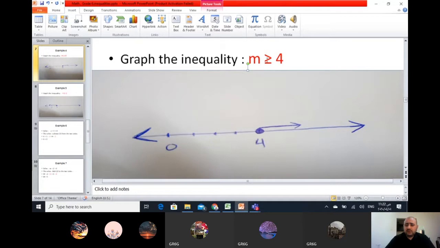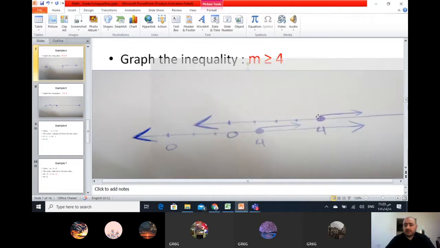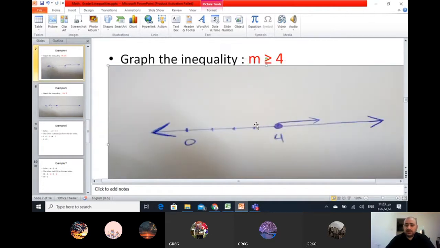Then always when you have equal in the sign, draw the shaded circle, the closed circle. Then determine the direction. Here m is greater than 4, so that means to the right.